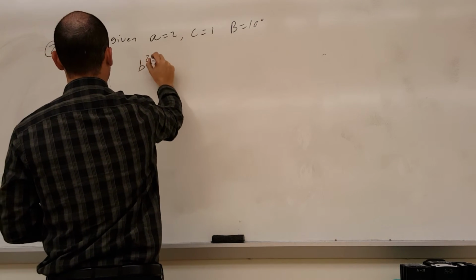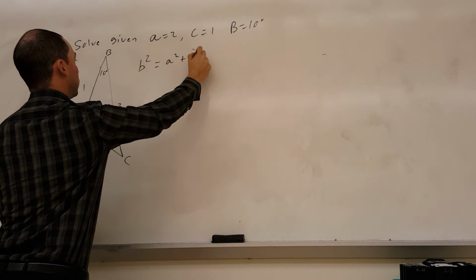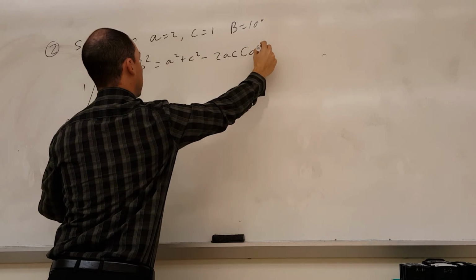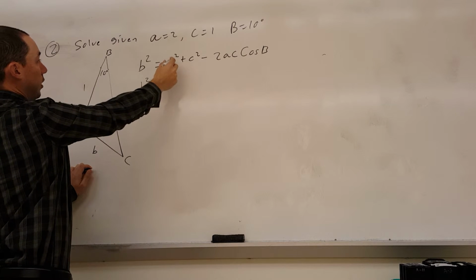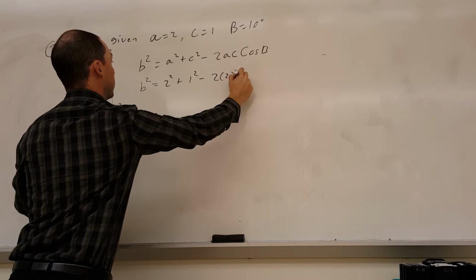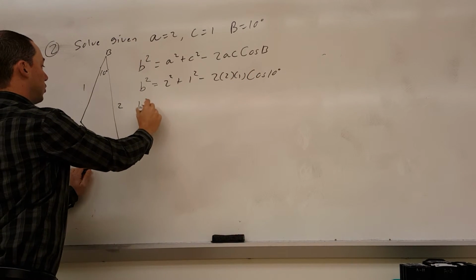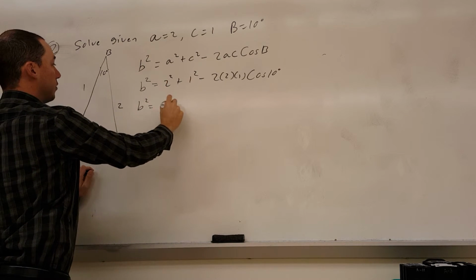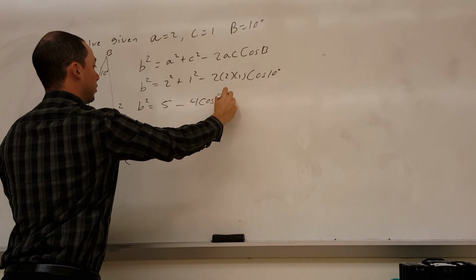B squared is equal to A squared plus C squared minus 2 times A times C times the cosine of angle B. Side B squared is equal to 2 squared plus 1 squared minus 2 times 2 times 1 cosine of 10. See, 2 squared is 4 plus 1 squared is 1, 4 plus 1 is 5 minus 4 cosine of 10 degrees.